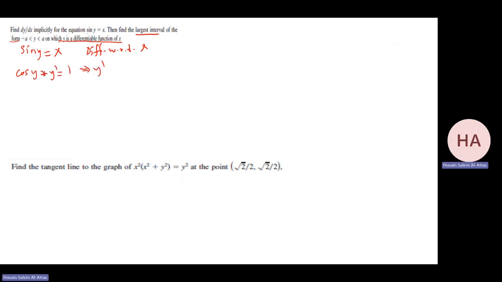That implies y prime is 1 over cosine y. I need to be careful. Cosine y not equal to 0. Means y, when cosine y equals 0, and notice when I say y between minus a and a, it means y equals 0 is included.